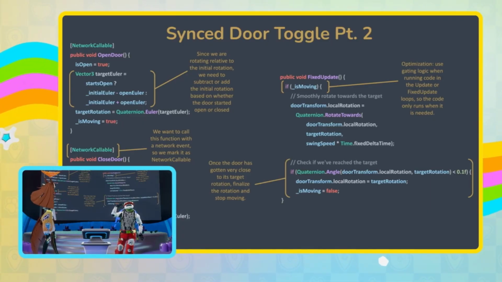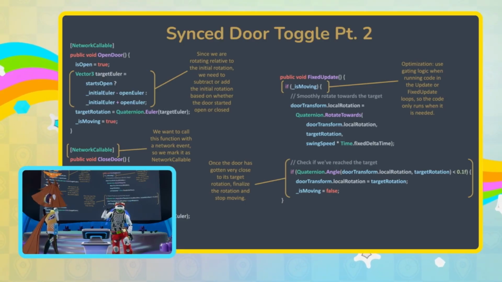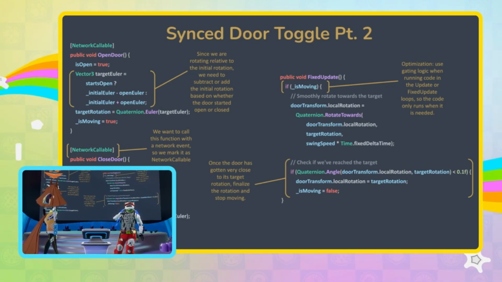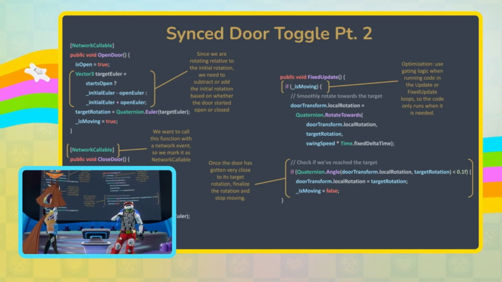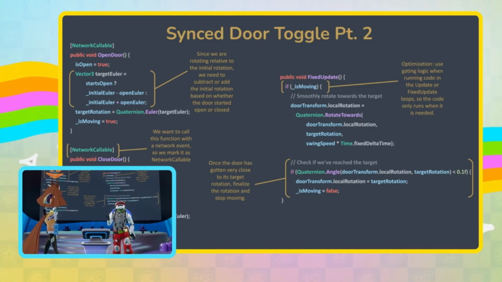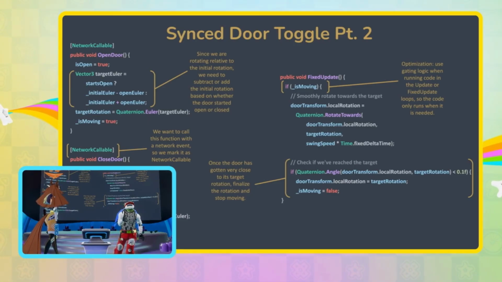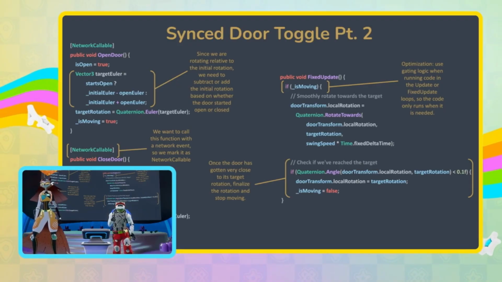First is our local rotation, which is our current rotation. Then we have the target rotation, which is where we want to go. And then we have an amount of rotation for this particular frame. So we calculate that amount by multiplying our swing speed by time.